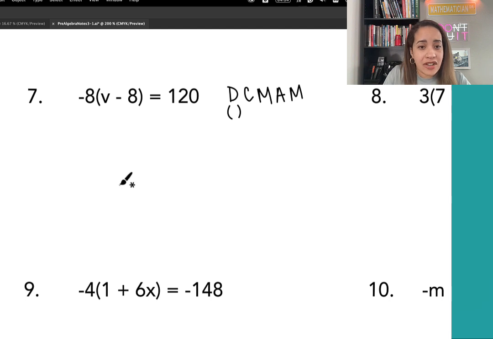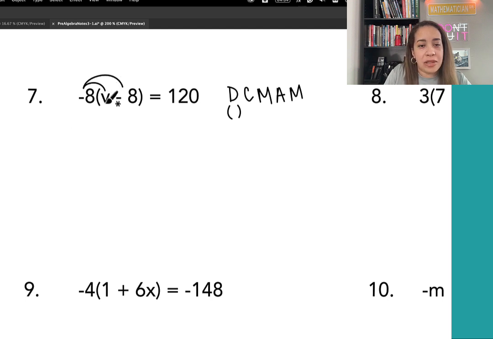If you took Math Foundations, we practiced distributing in Unit 4 towards the end of the book, so this might look familiar to you. When we distribute, we take the number that's on the outside of the parentheses, and we multiply it times both parts inside the parentheses. So we're doing negative 8 times v, and then we will do negative 8 times negative 8.